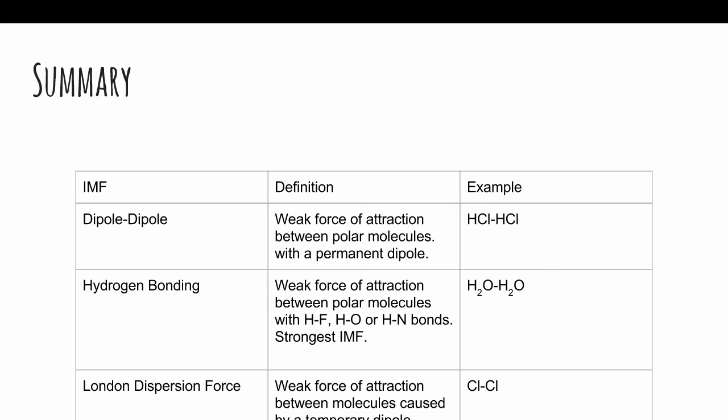Again, it's a weak force of attraction between polar molecules, but this time you have to have a hydrogen with either an F, an O, or an N bonded to it. This is the strongest intermolecular force. And then London dispersion forces, a weak attraction, the weakest of all the IMFs, and it's caused by a temporary dipole that develops because electrons are temporarily on one side of the molecule, causing that side to be negative.